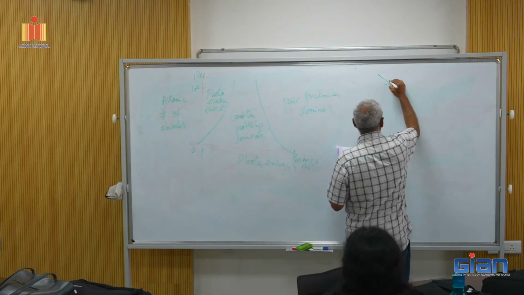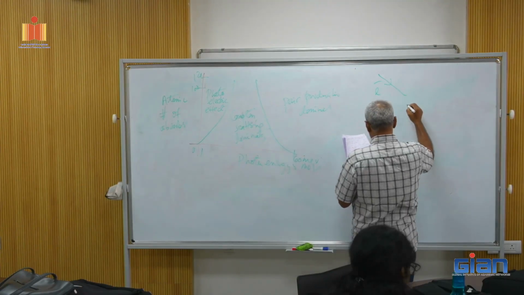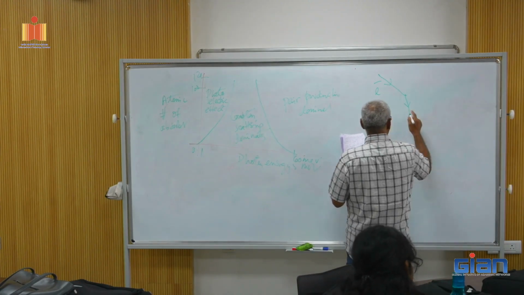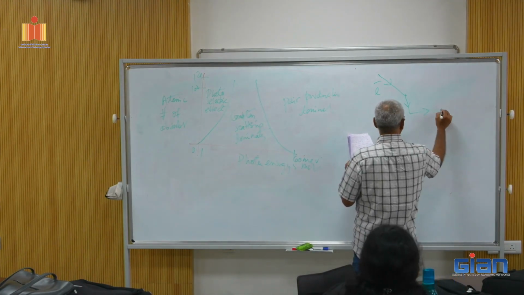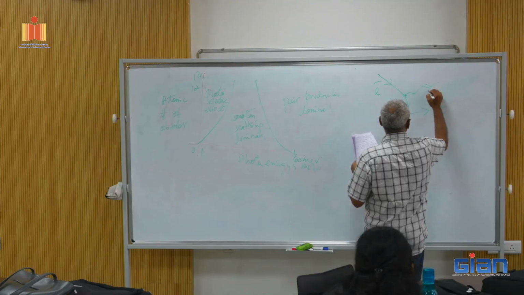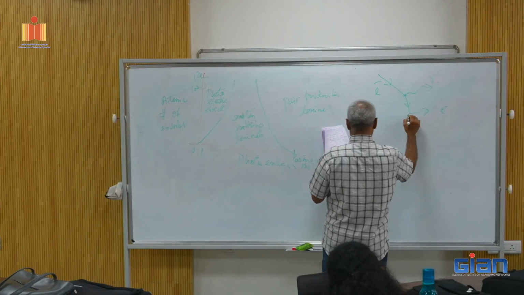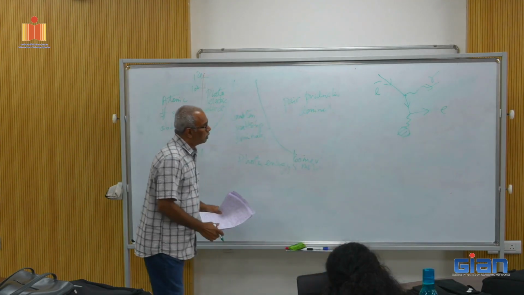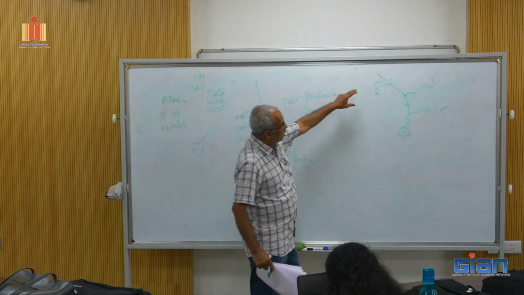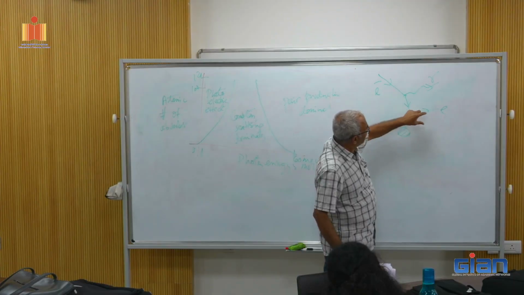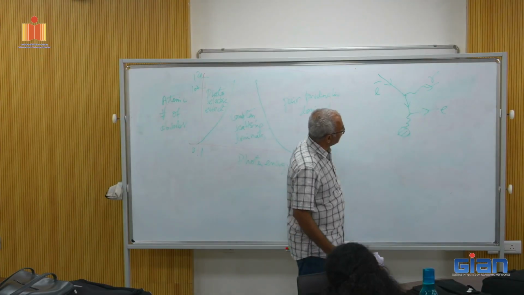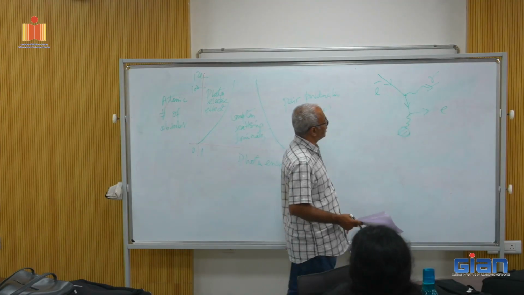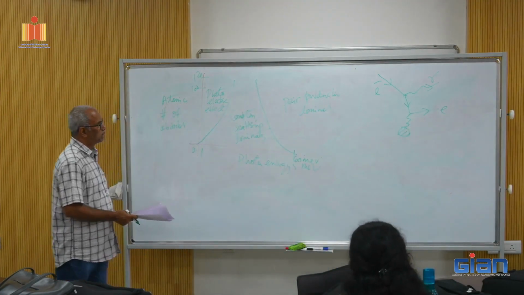You have an electron that goes in as an electron and comes out as an electron, but in the process it emits a photon.